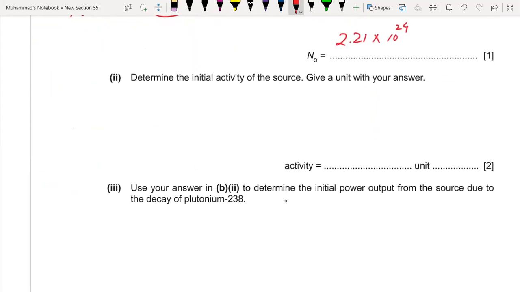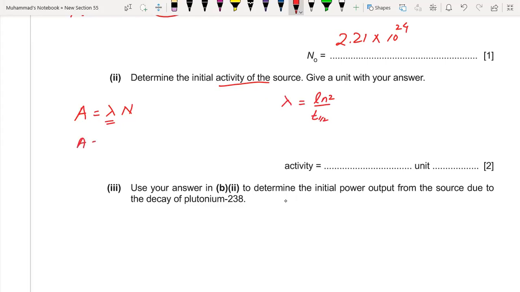Determine the initial activity. So we have to find activity, and you know that activity is lambda N. And you know the relationship of lambda with half-life: lambda is ln2 divided by t half.